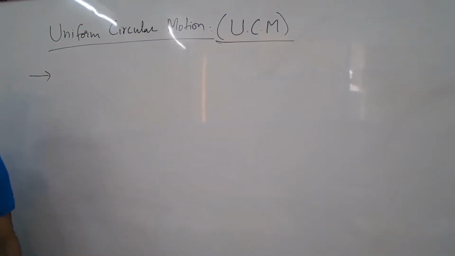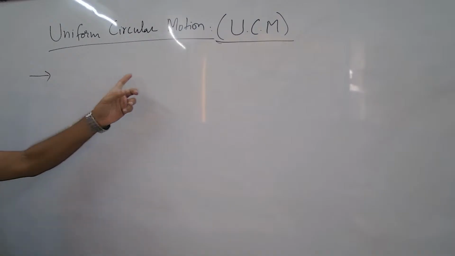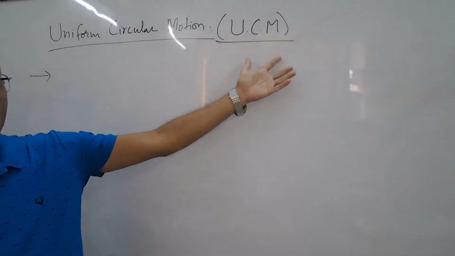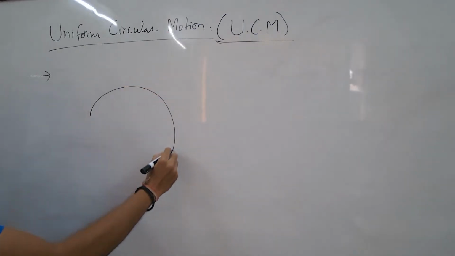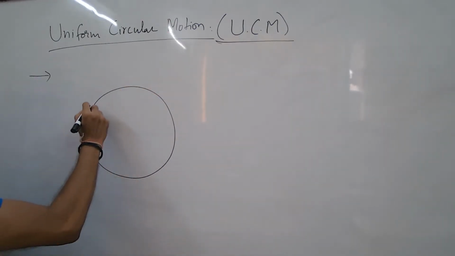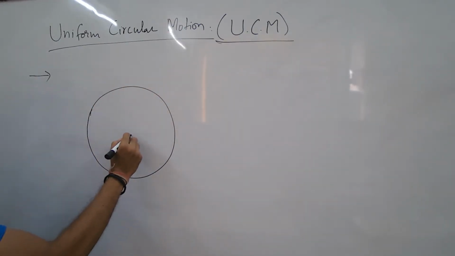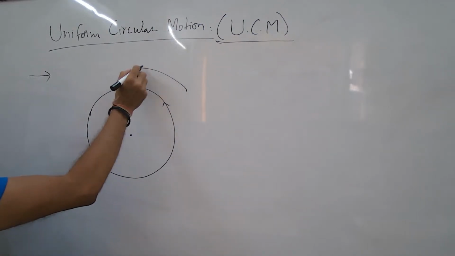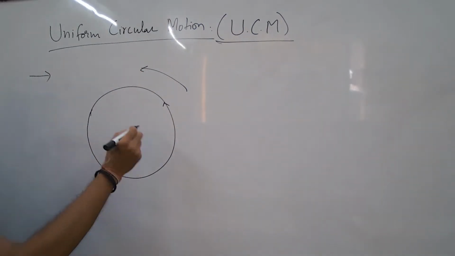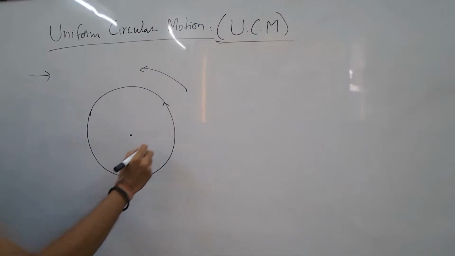Uniform means constant. We have learned about uniform velocity. Anything uniform means constant, right? So something is constant in circular motion. An object undergoing circular motion is going across a circular path. So what is constant? Its speed is constant.